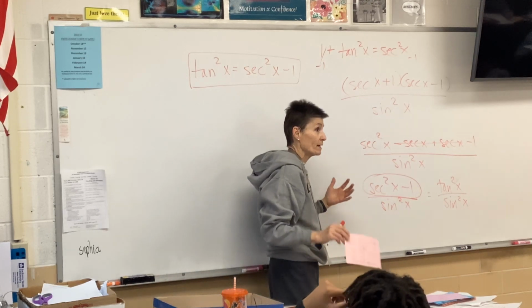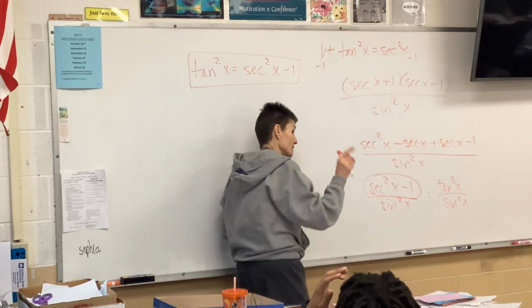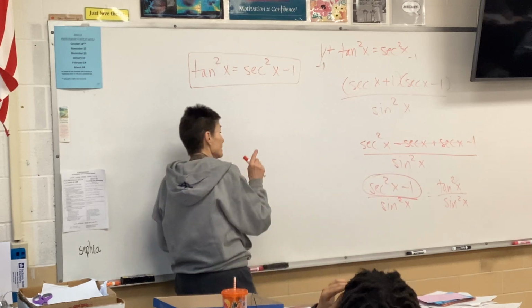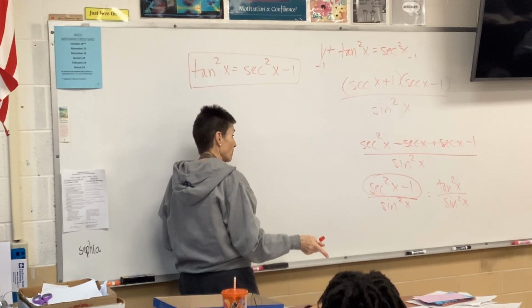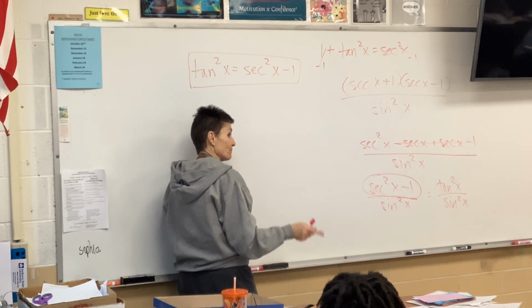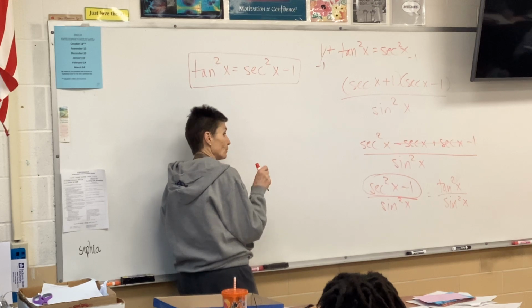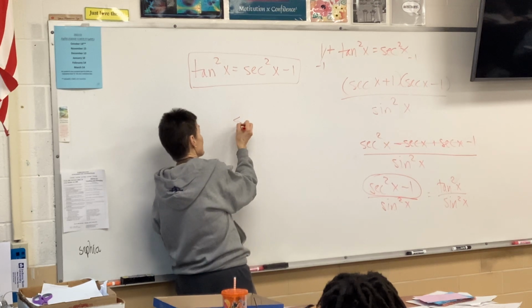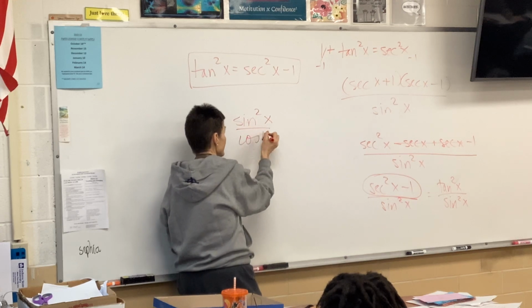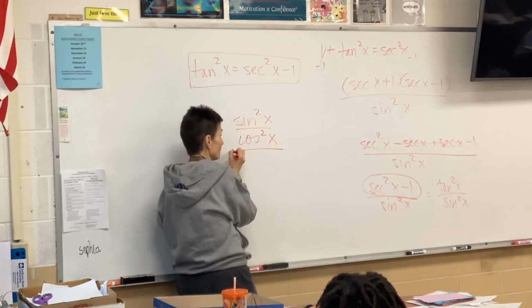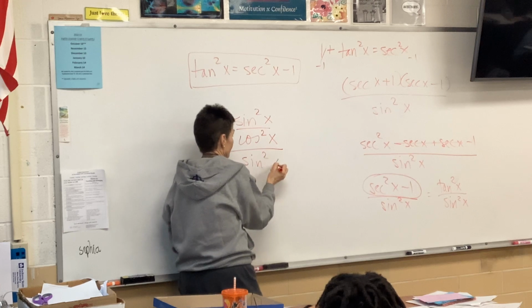Now, Catherine says tangent is sine over cosine. That's on your paper, I handwrote it on there this morning. So we have sine squared over cosine squared over sine squared.